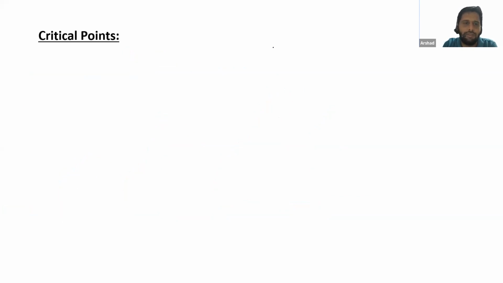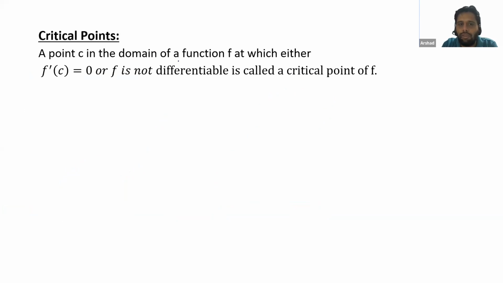So next, again, the same point, critical point. What is the critical point? A point c in the domain of a function f at which either f dash c is 0 or f is not differentiable is called a critical point of f. So the critical point is where the derivative is either 0 or the function is not differentiable.